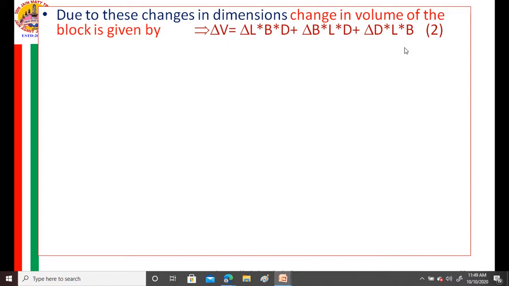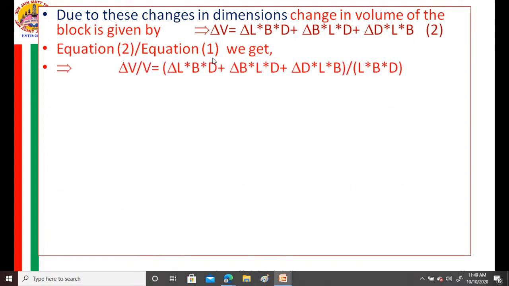Now divide this whole equation by the original volume. Dividing equation 2 by equation 1. Equation 1 is V equals LBD. Therefore divide this whole equation by LBD. What are you going to get?